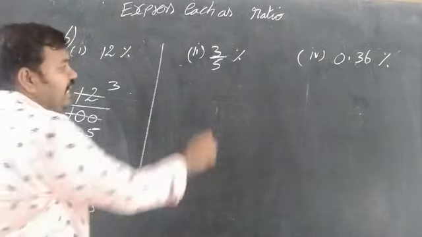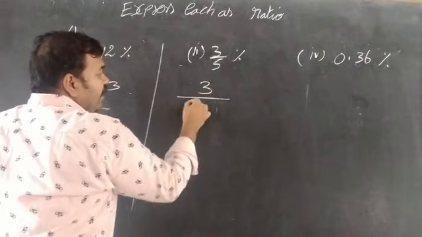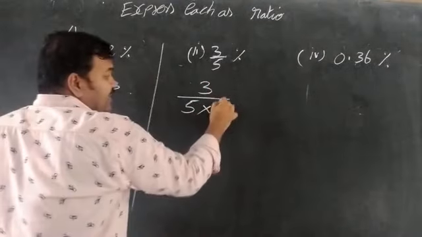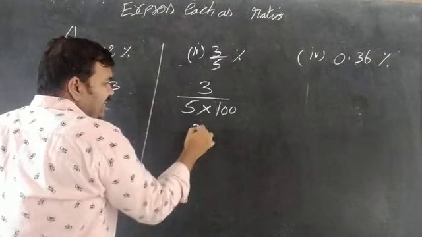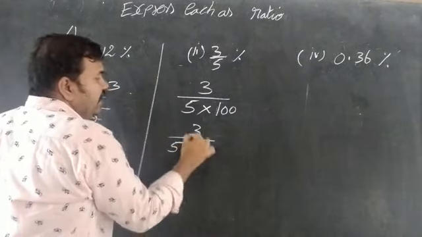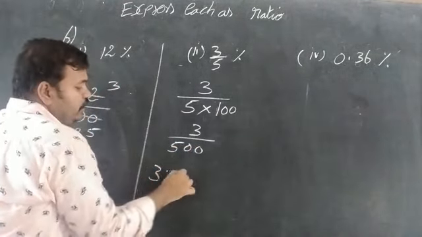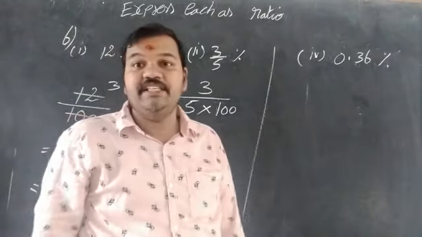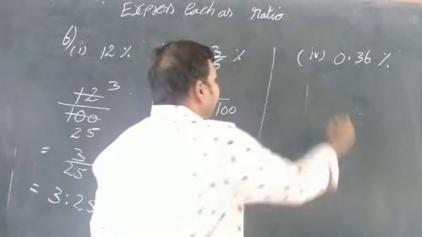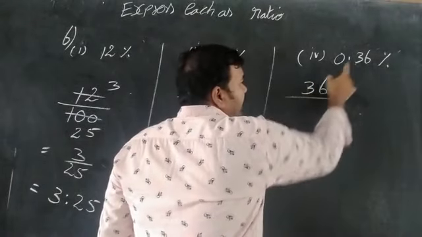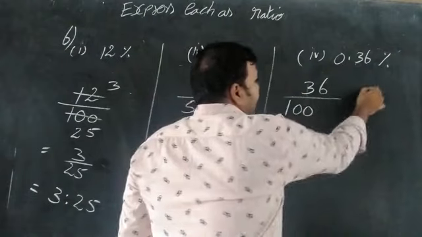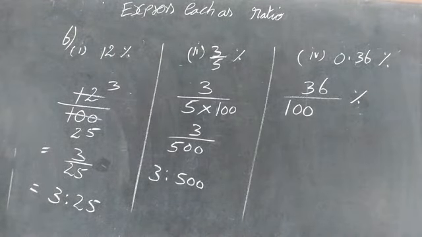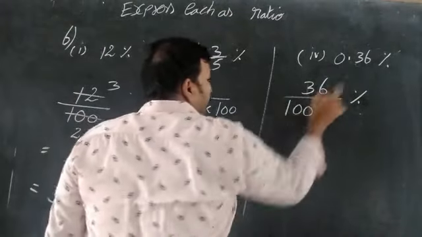3 by 5 percentage. 3 by 5. This percentage symbol always comes to the denominator as into 100. So now write it as 3 by 500. There is no cancellation. So 3:500. Next sum. 0.36 is given for us. Changing first to fraction form, that is 36 by 100, the point changes as 1 and 2 digits give 2 zeros.